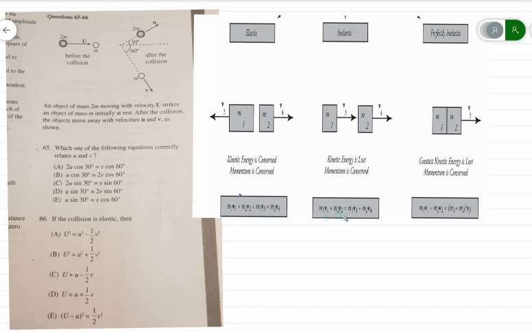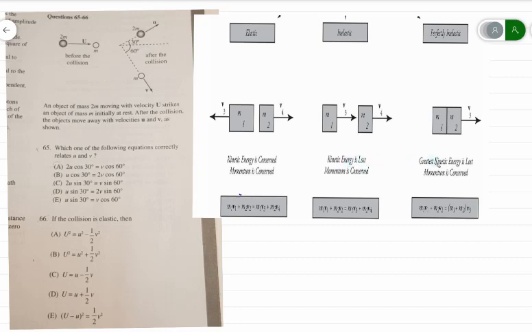Okay, you take a look. But for the third one, since M1 and M2 stick together and travel at the same speed, you put M1 plus M2 together. The difference between inelastic and elastic is that you cannot use the energy equation to solve.